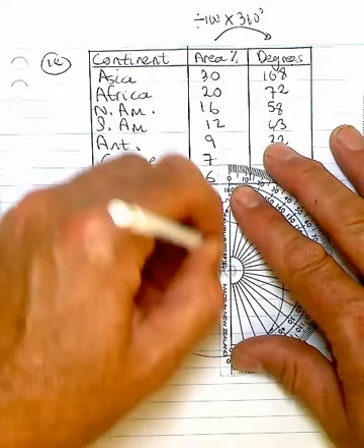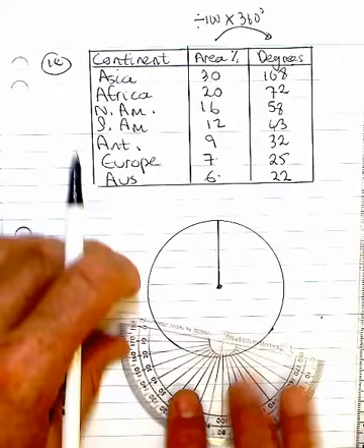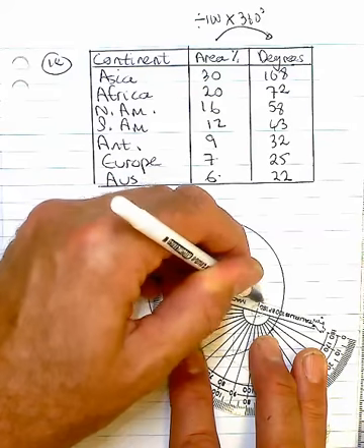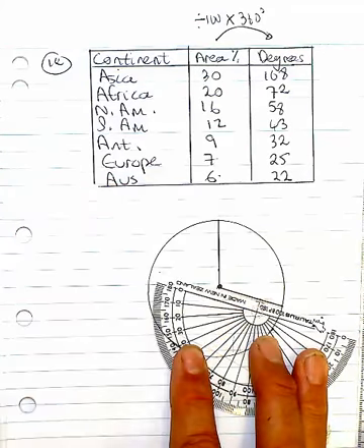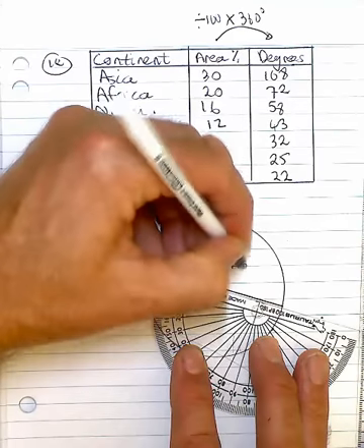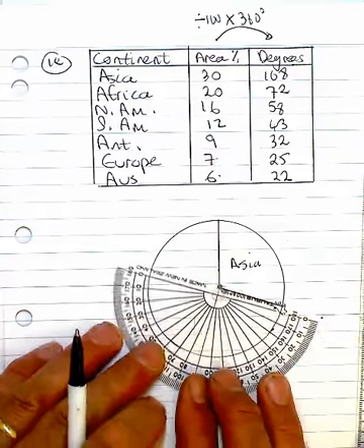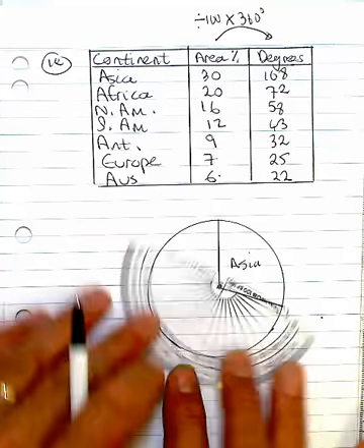And I'll arc to 12 and then map out, drawing a line, not all the way to the dot I drew there. And that's for Asia.